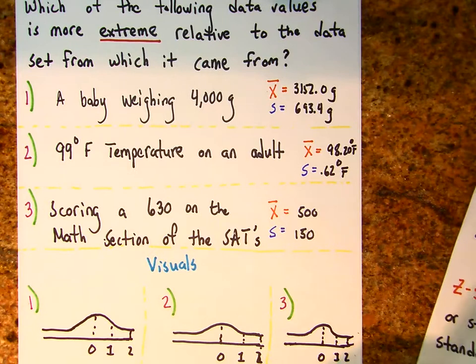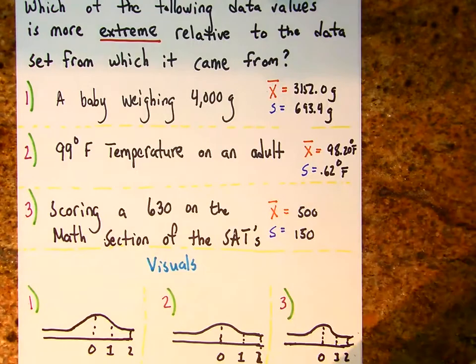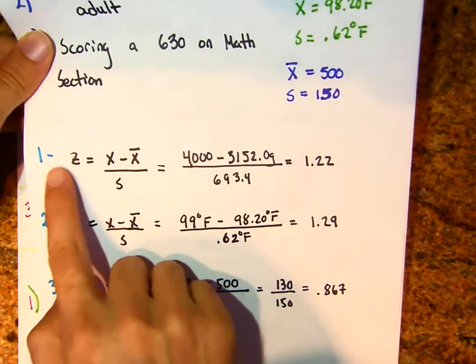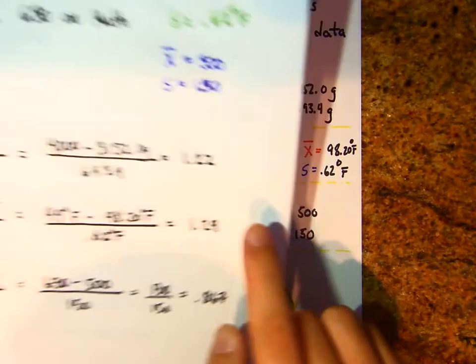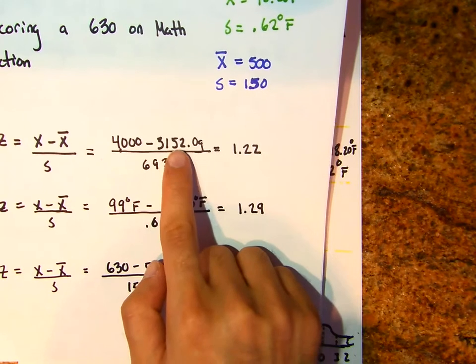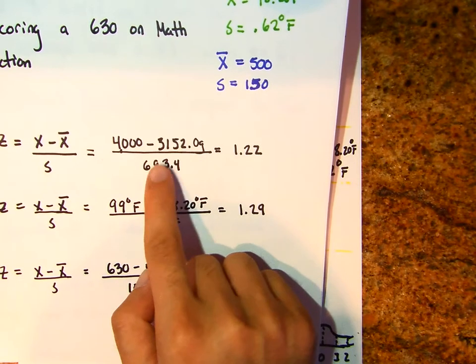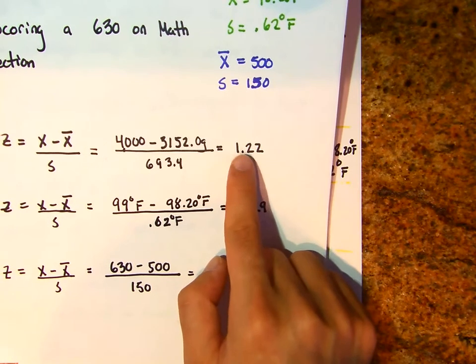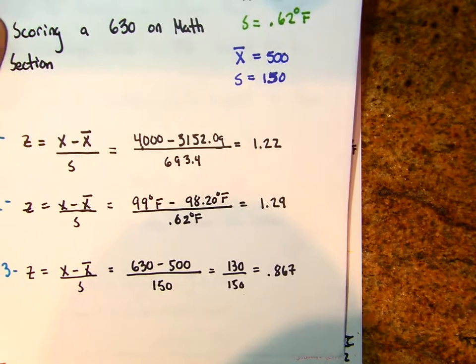And let's say you pause the video and you want to see your solutions. Look at the first one here. For the first example, the baby weighing 4,000 grams and the mean is 3,152, we divide by the standard deviation. This is your Z-score of 1.22.